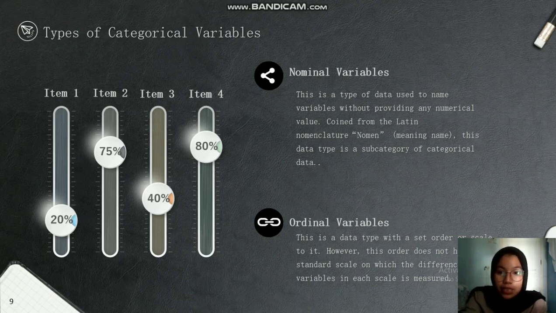This data type is a subcategory of categorical data, and unlike ordinal data, which includes something like critical or low in the case of bug severity, it includes examples like gender, country, marital status, etc. Due to its lack of quantitativeness, nominal data classification can only be done using mode and not mean.